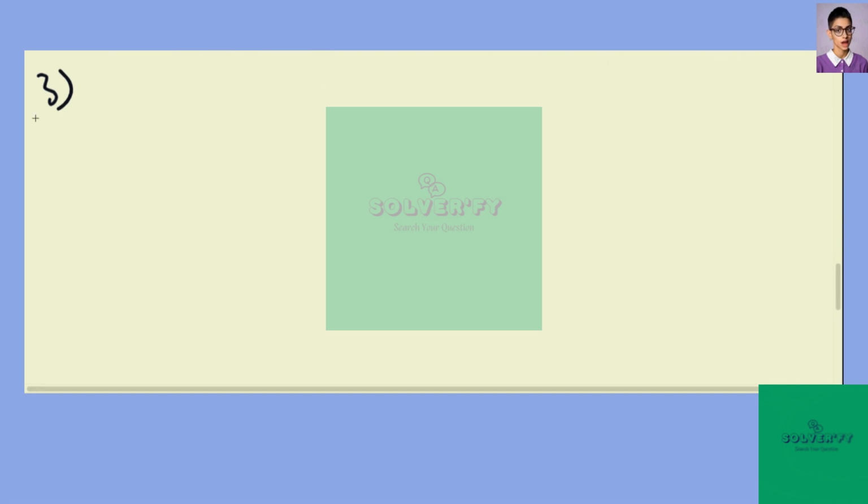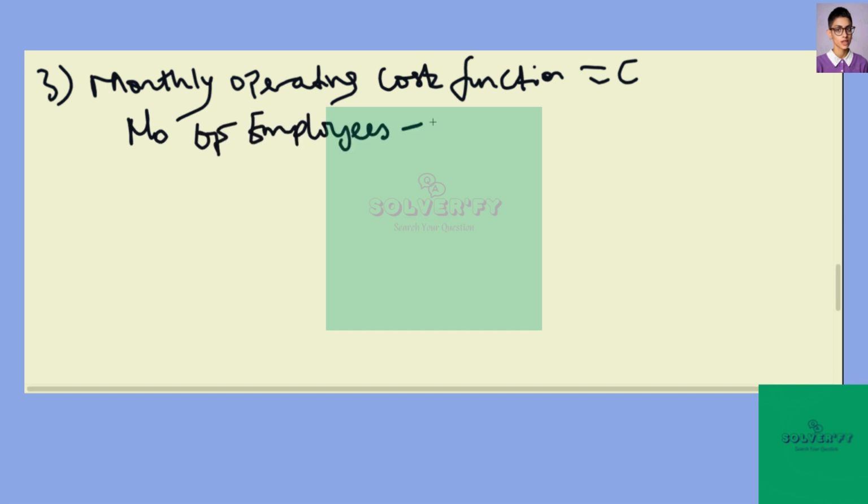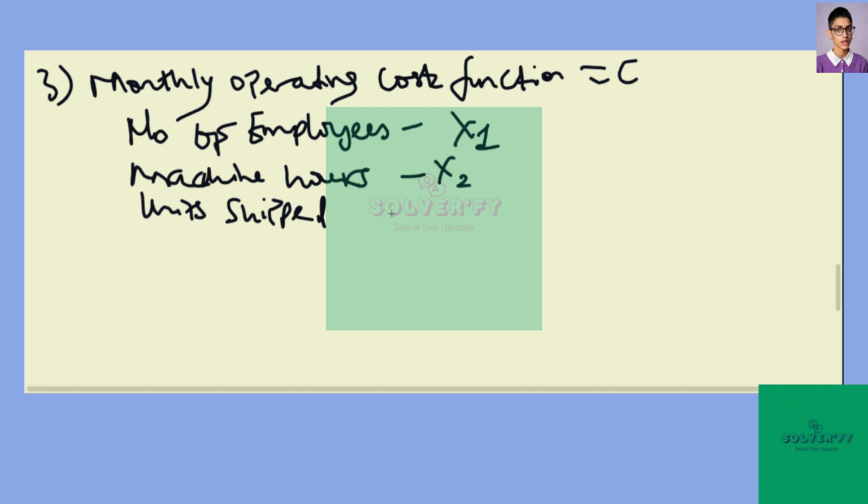So we're going to let the monthly operating cost function be C, when the number of employees is given by x1, machine hours are given by x2, and then the units shipped are given by x3.